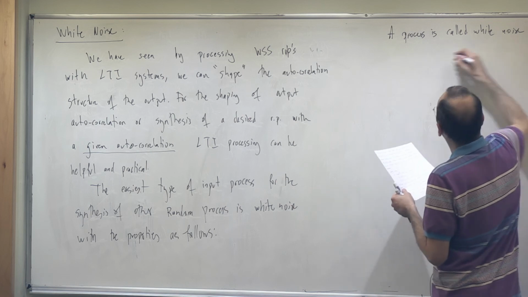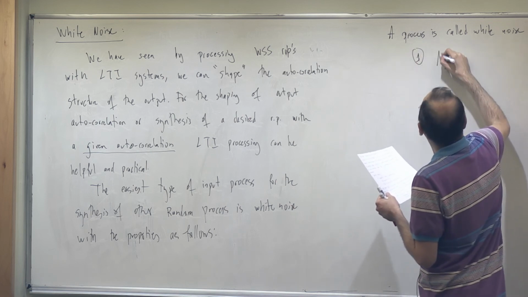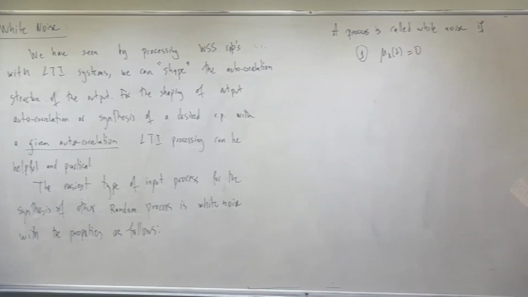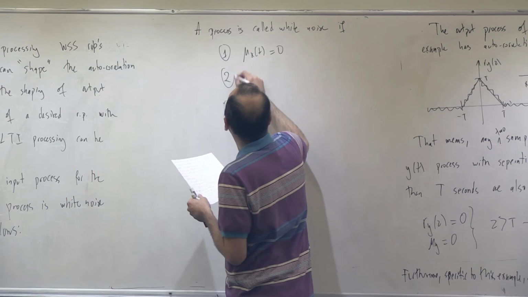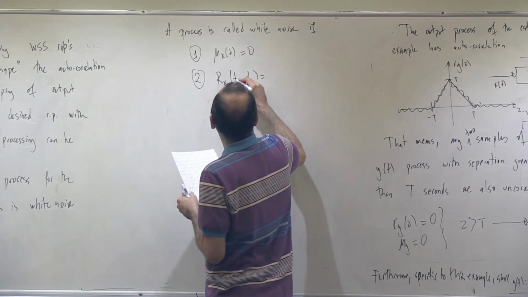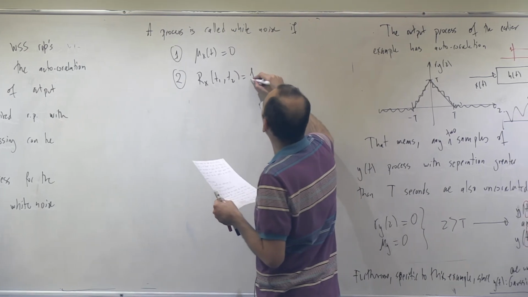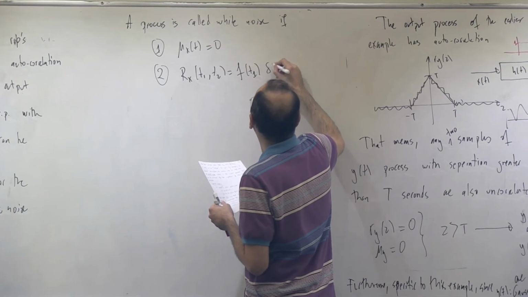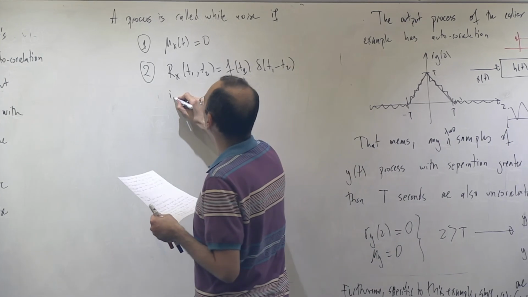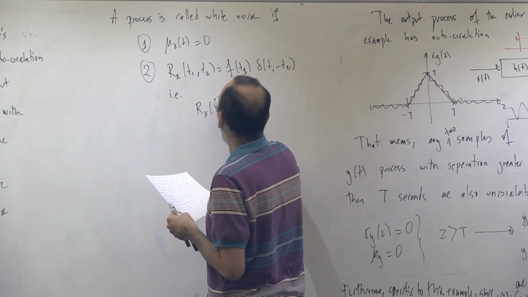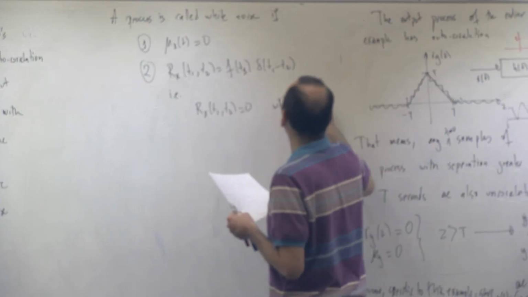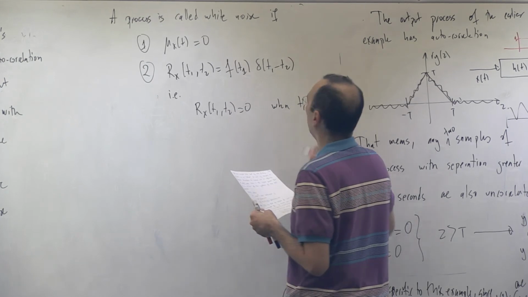If number one, mu_X(t) is equal to 0. Number two, R_X(t1, t2), at 2 different times, is f(t1) delta(t1 minus t2). R_X(t1, t2) is equal to 0 when t1 is not equal to t2.